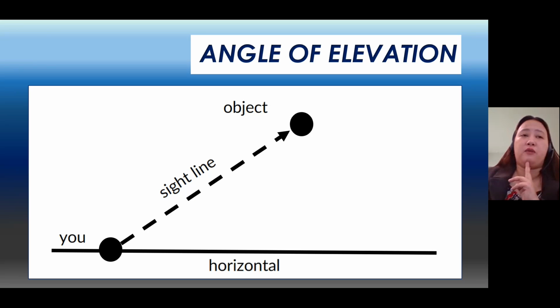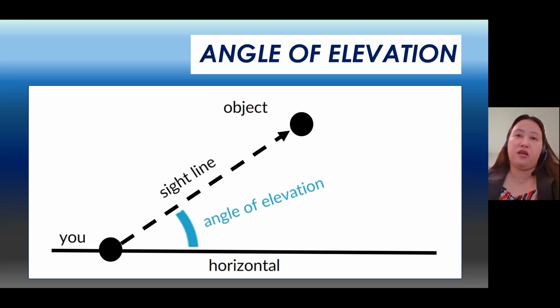And if that is not possible, your head can be in normal position, but your eyes can look up. So from the normal position and then looking at something, that is when the angle of elevation is formed. And remember, your aim is to come up with a right triangle.